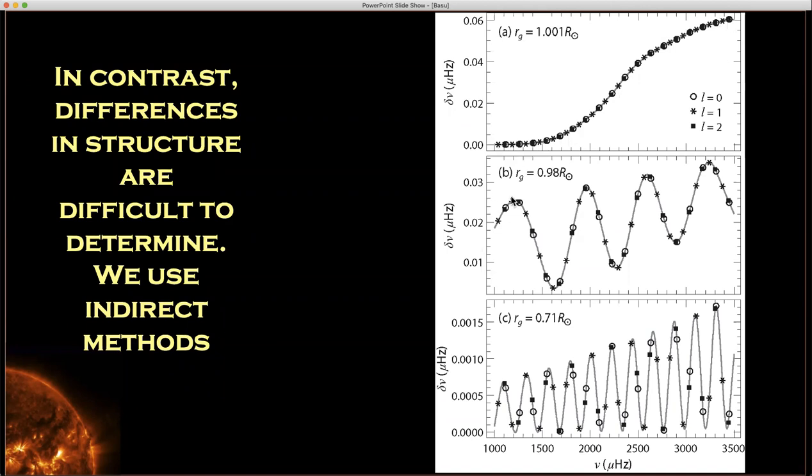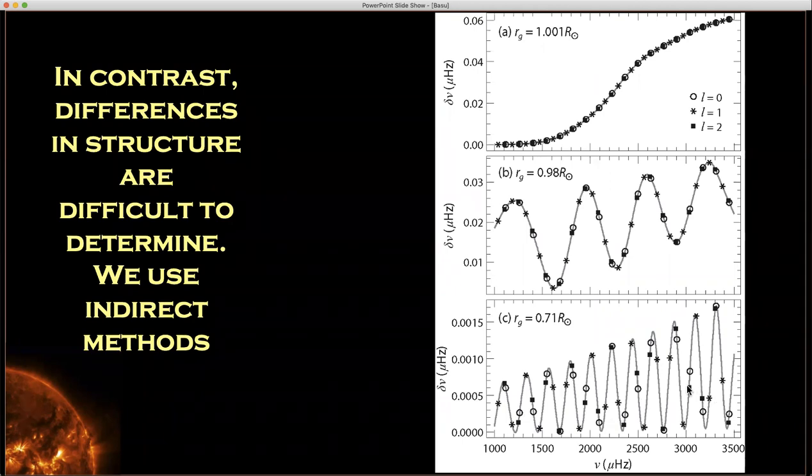Slightly deeper in, you get an oscillatory signature with a wavelength. The period is not very high. If you go deeper in, say at the base of the convection zone, you get a similar signature, but with a much smaller wavelength or a larger period.